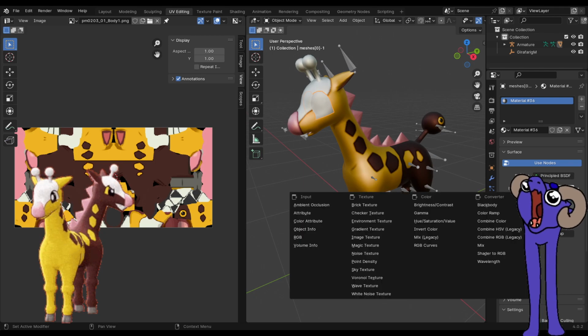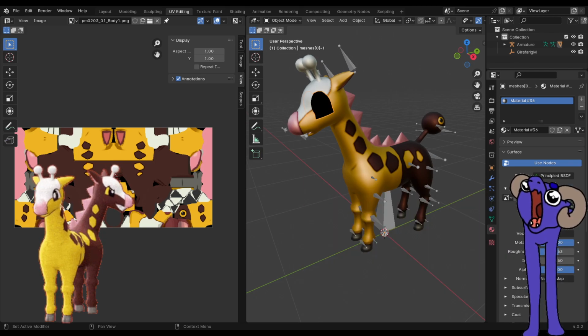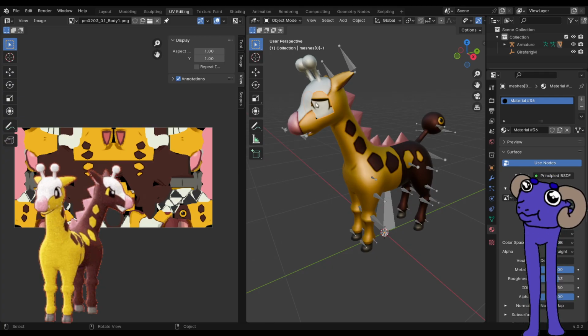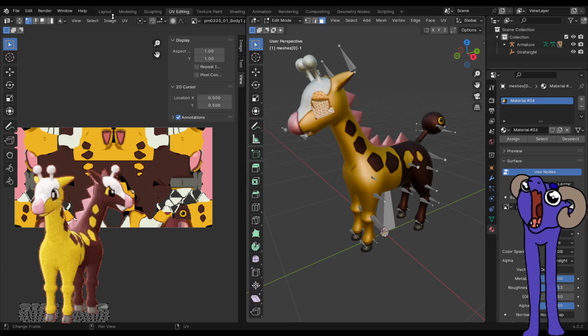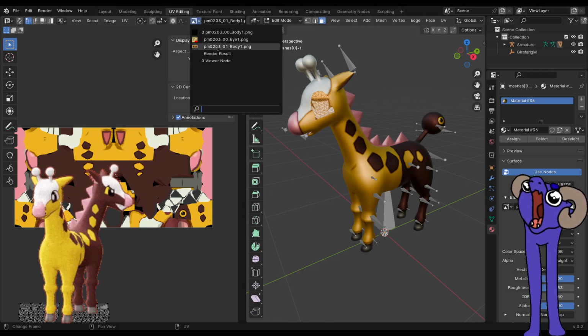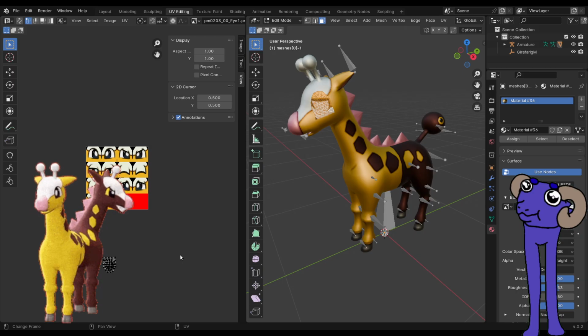So now the eyes, image, and you should be using the eye textures, which we can find PM0203I1. What a surprise, we're upside down. Who could have seen that coming?